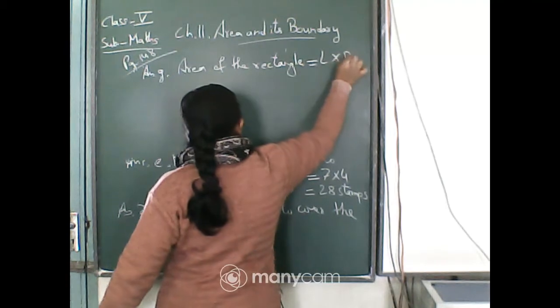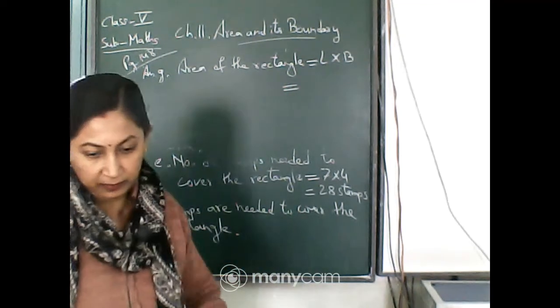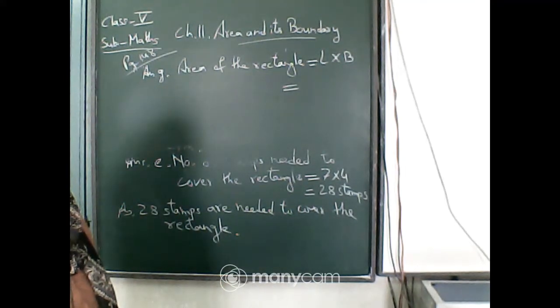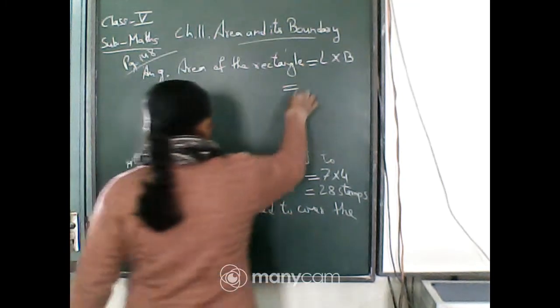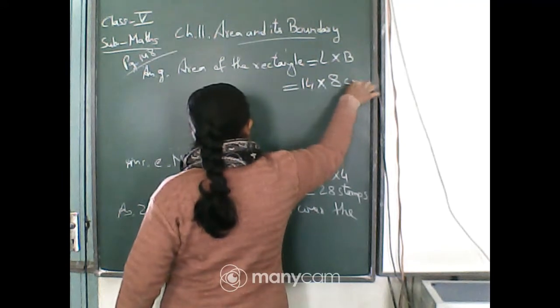length into breadth. Now what is the length of the rectangle we have found? Length of the rectangle we have found is 14 and breadth of the rectangle we have found is 8.